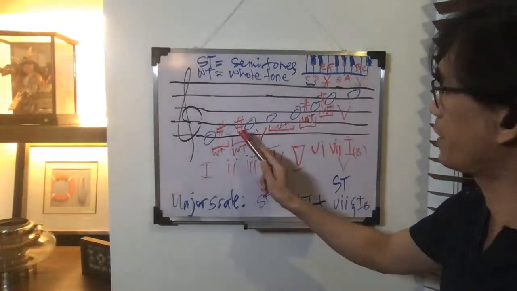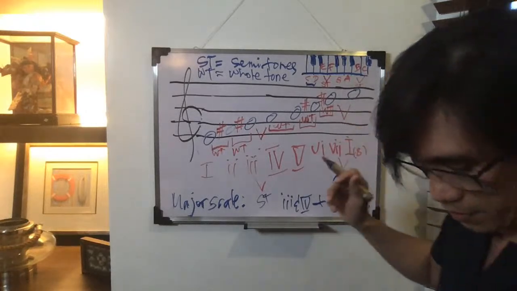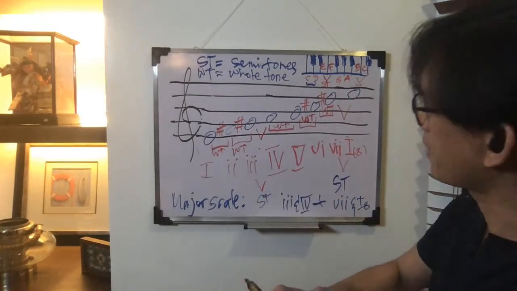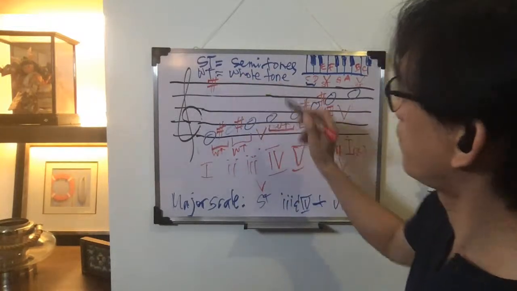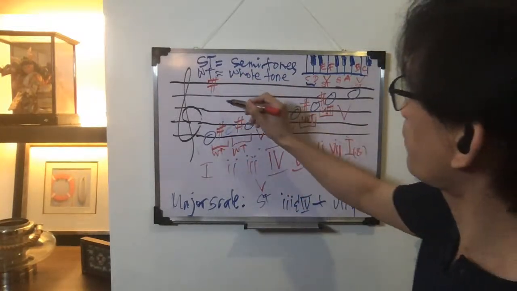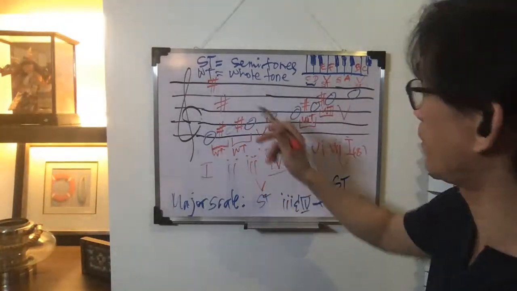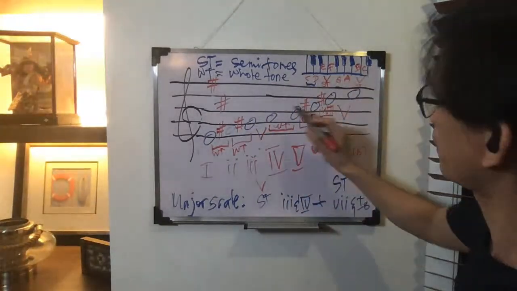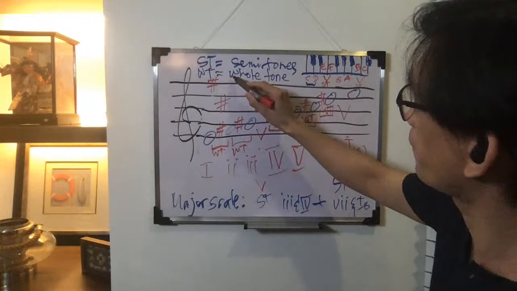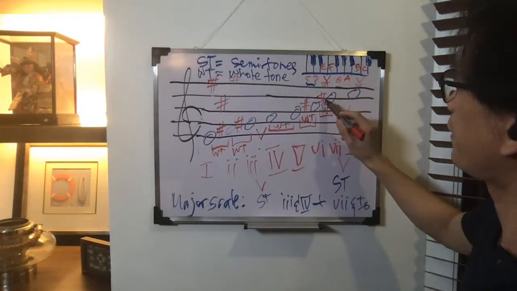So count that: 1, 2, 3, 4. That's why the sharps in this key are F sharp, C sharp, and I'm writing the sharps according to the order in the key signature, then G sharp here, and D sharp.